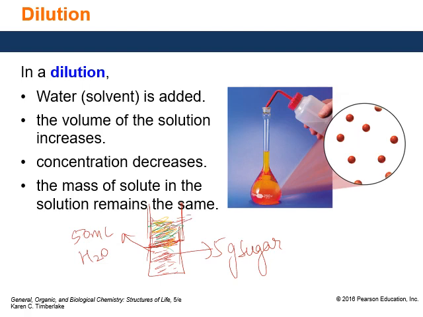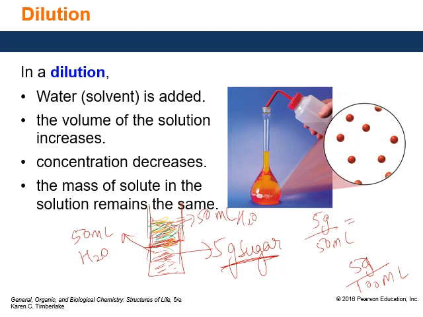So now I have 5 grams of sugar in a total of 100 ml of water. So initially the concentration was 5 grams in 50 ml, and now my concentration is 5 grams in 100 ml, right? So what happened here is basically the concentration got diluted.